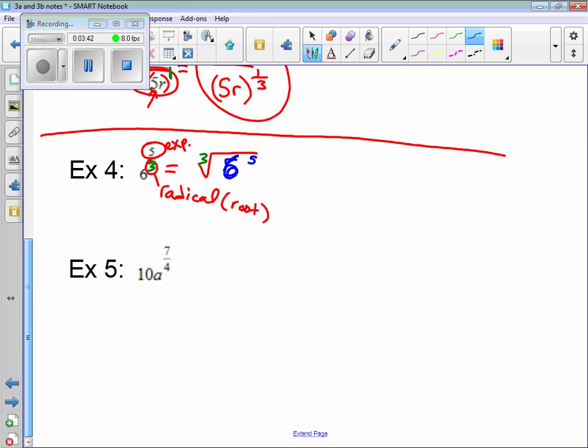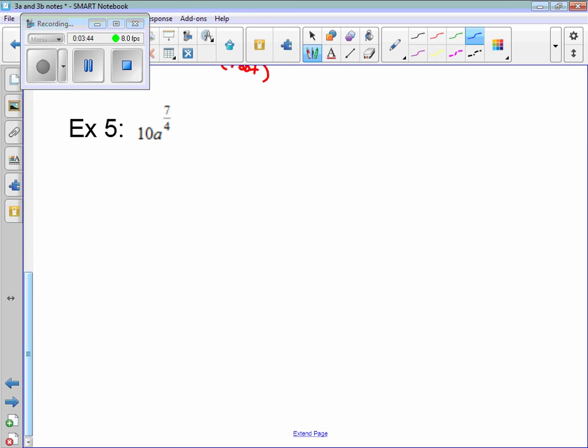On number 5, the only thing here is 10 times a to the 7 fourths. So only a is being raised to the 7 fourths. So here we're going to have 10 times the radical. The 4 is your denominator, and the 7 is your numerator.